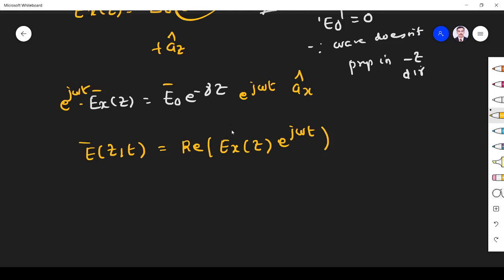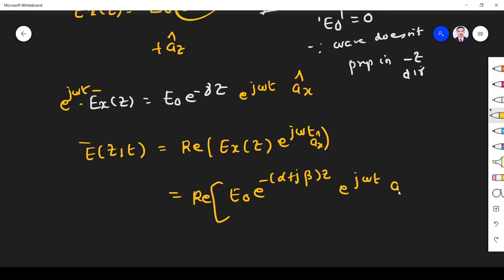Fine. So what will happen? This direction is Ax direction. I can write Ex is equal to the real part of E naught e power gamma z into e power j omega t into Ax vector, where gamma is alpha plus j beta.